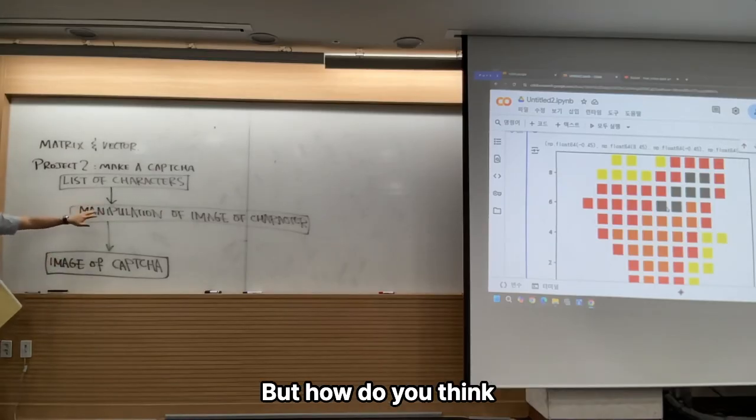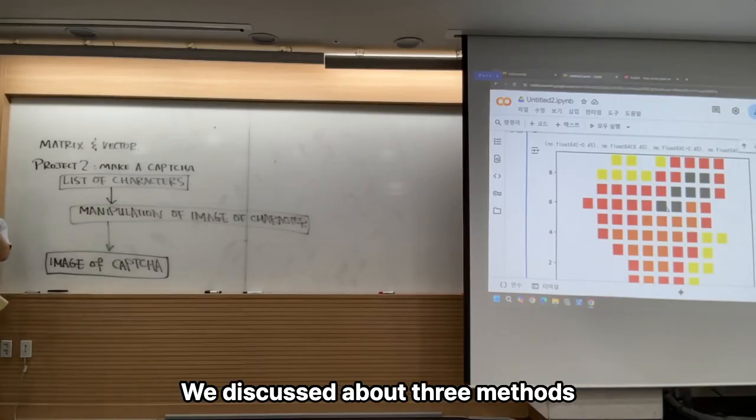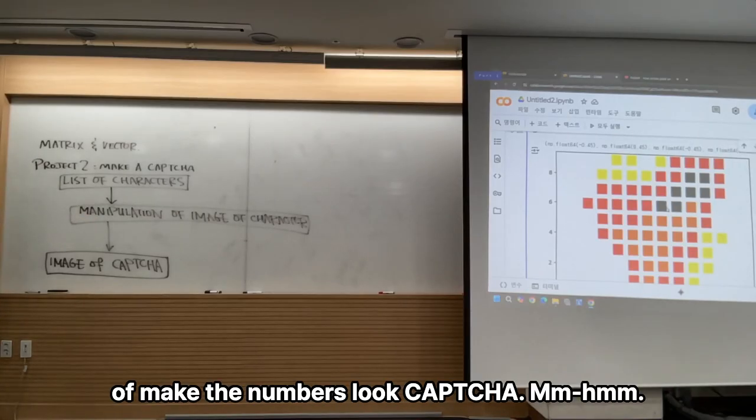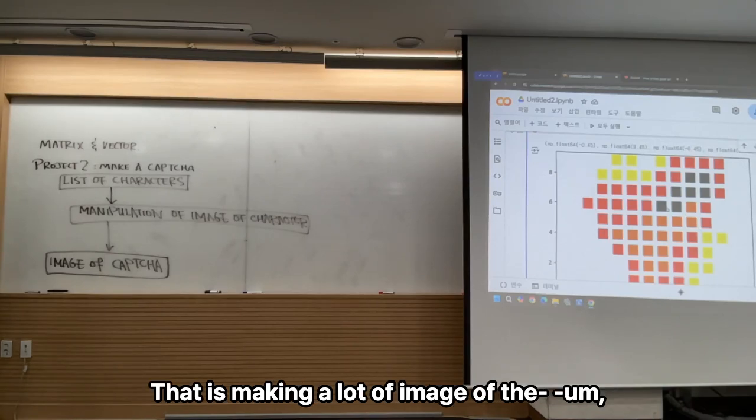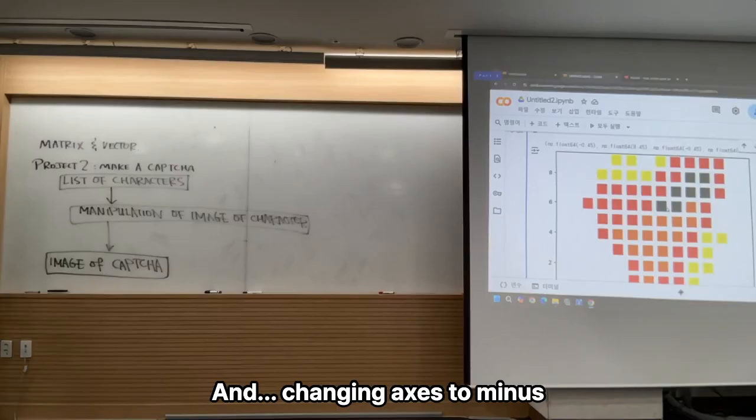But how do you think that you will manipulate the image of each character? We discussed 3 methods to make the number into a captcha. That is making a lot of images of the numbers 0 to 9 and changing the axis from -45 to +45.